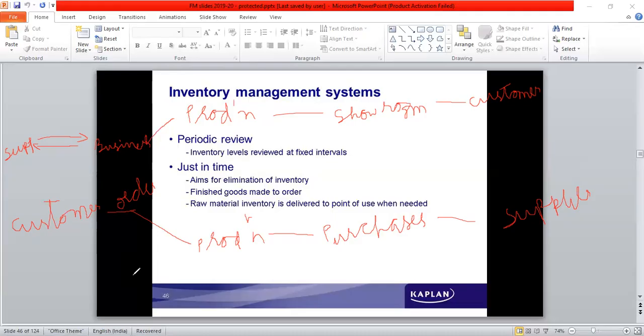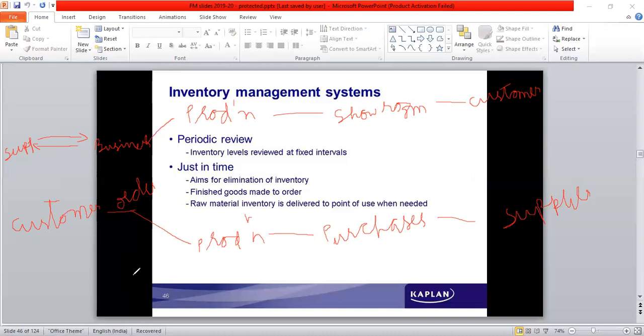So it aims at elimination of inventory, finished goods made to order. First the order has to be received. Only on receiving the order, the production will be taken up, and to produce the products, material has to be purchased.